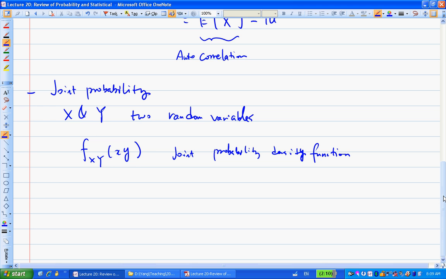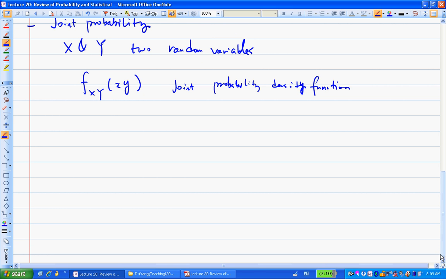This one we didn't cover in 254, but lecture students should learn this already. There is a formula that you can derive, based on this joint probability density function, to get the probability distribution function for f of x and f of y only. That's what we call the marginal one.